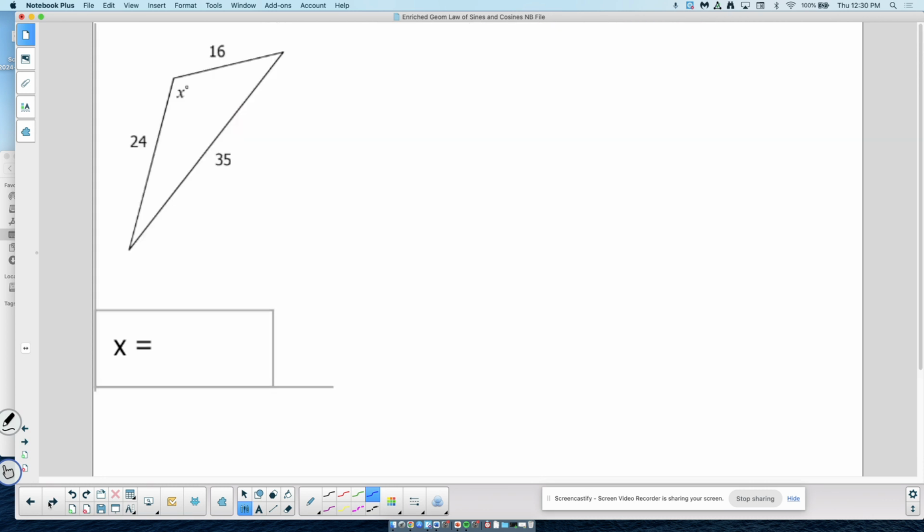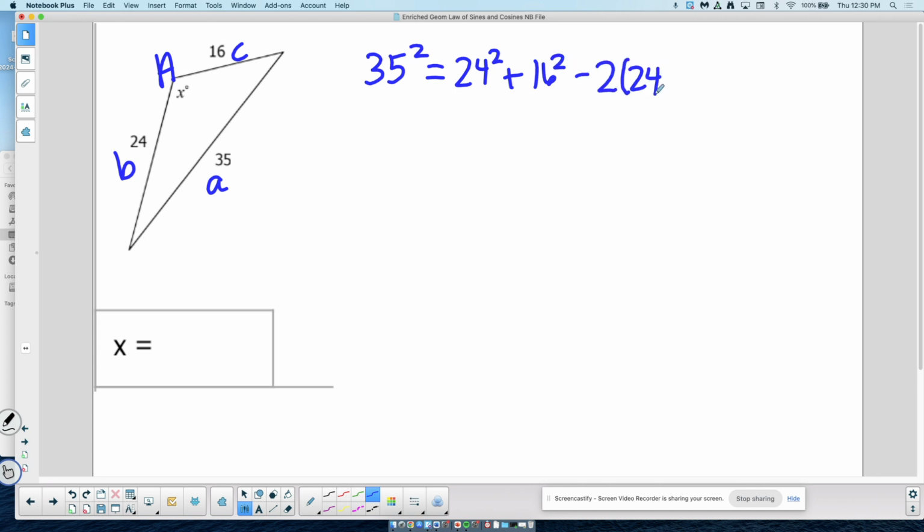Let's do another one. Let's label. Here's our angle A, little a, B, and C. So we're going to have 35 squared equals 24 squared plus 16 squared minus 2 times 24 times 16 cosine of x, because that's our angle we're trying to figure out.